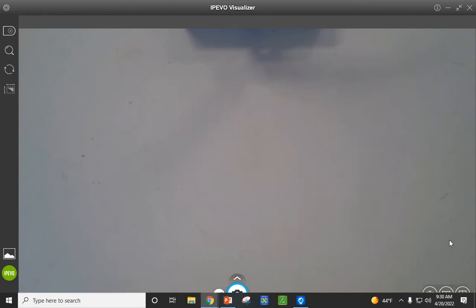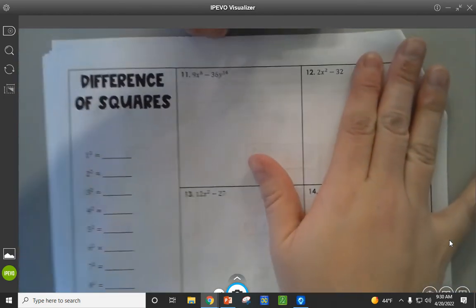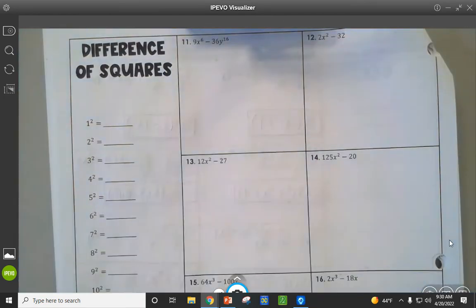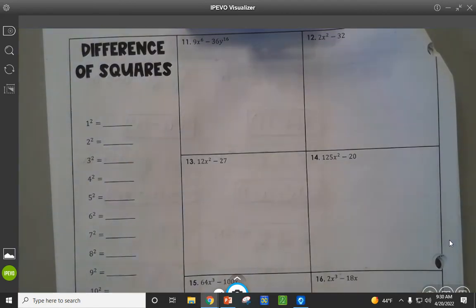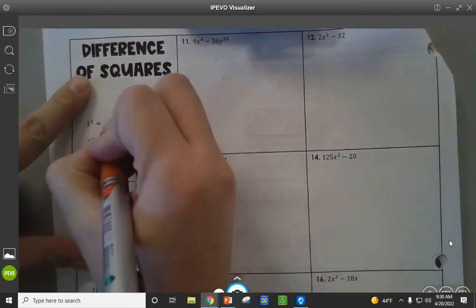Any questions? I put a space here on the side for you to jot down your perfect squares. That'll just help you.